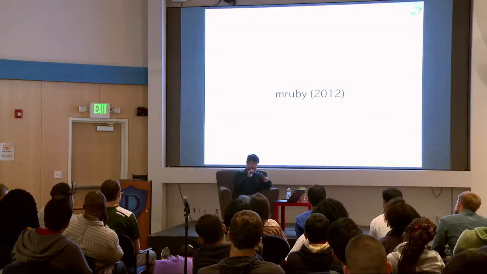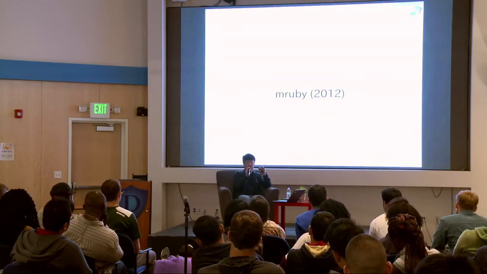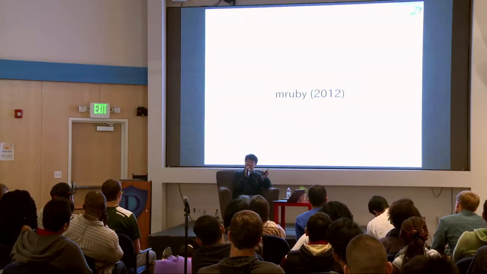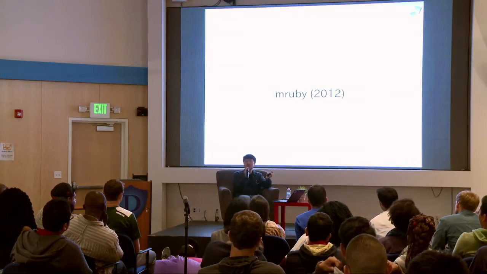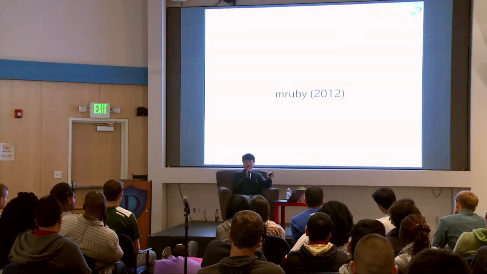Well, and then comes mRuby. In 2010, I guess, I and several developers in Fukuoka Prefecture discussed extending the future of the Ruby language. In Fukuoka Prefecture, we have a lot of software companies, as Professor Tanaka introduced, and some companies work in the embedded field.